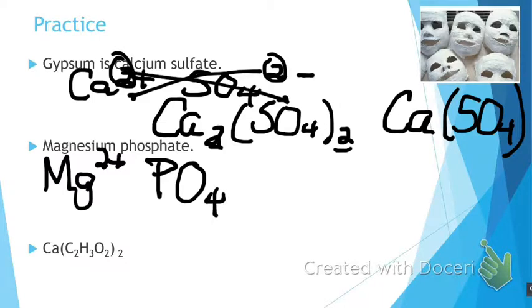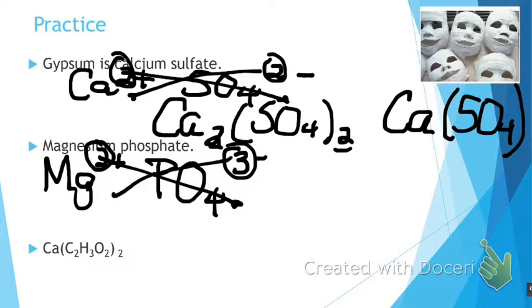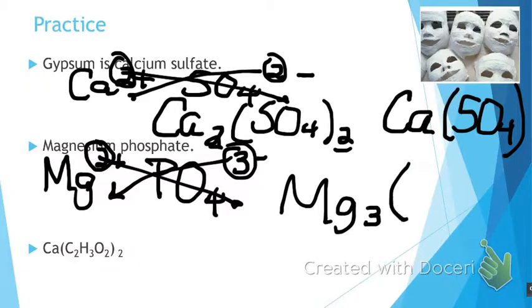There's 4 consonants, 3 vowels for a 3 minus. Crisscross here. My 2 is going to come over here. My 3 is going to come over here. Magnesium phosphate will be written Mg3(PO4)2.